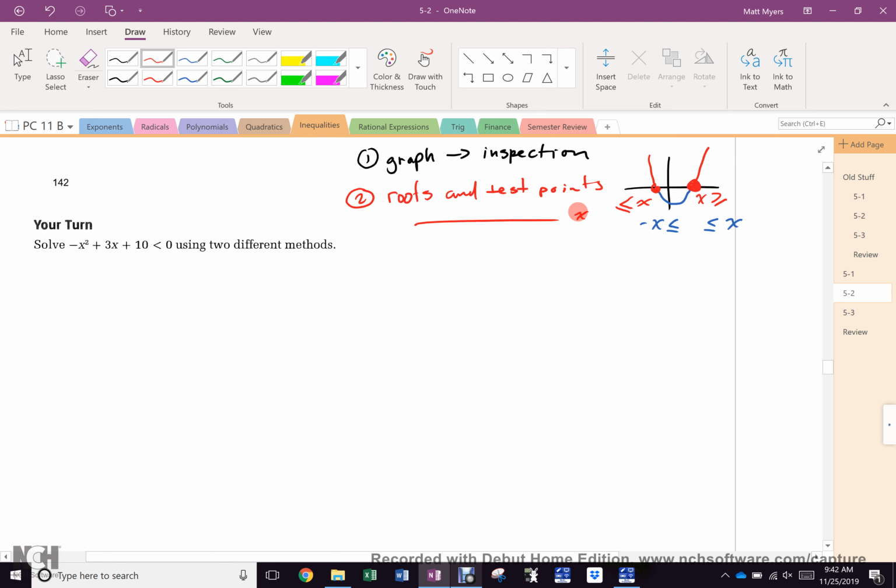Yes. But you'll have a root and another root, possibly. And again, then you would just choose test points. Point A, point B, and point C from that region. Then you put them into the equation, you see which one works.